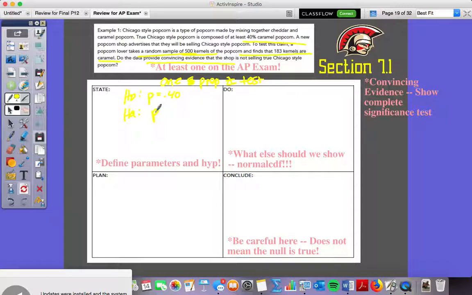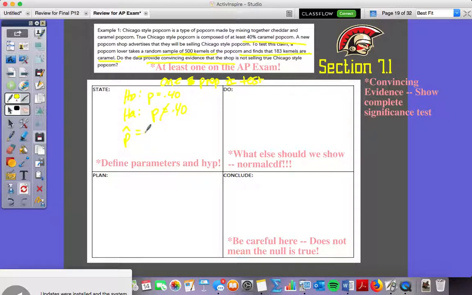If you said greater or less than, I could see less than. But I would say not equal to. In my notes I have less than, because if it's less than 0.4, we're just saying that it's not Chicago style. But if you did the other, that'd be fine too. Not equal to would be fine. That's what I would go with in this case.